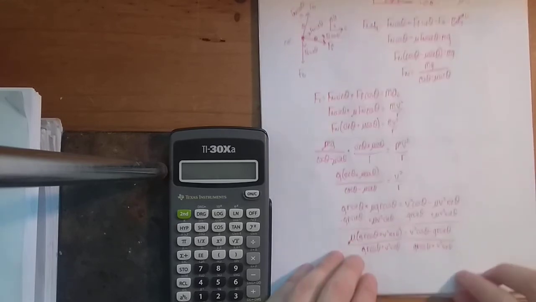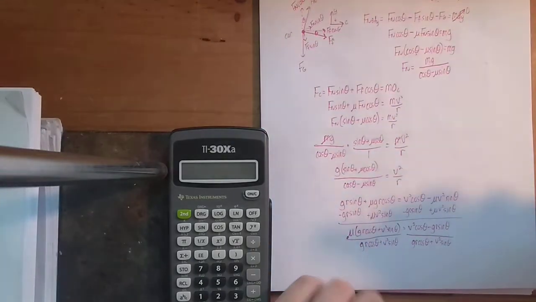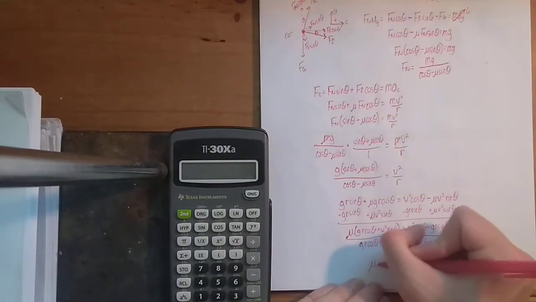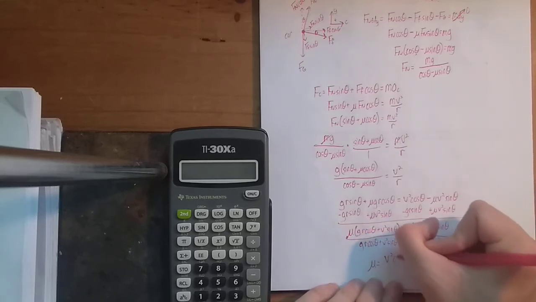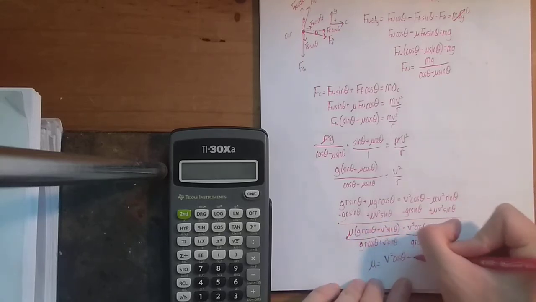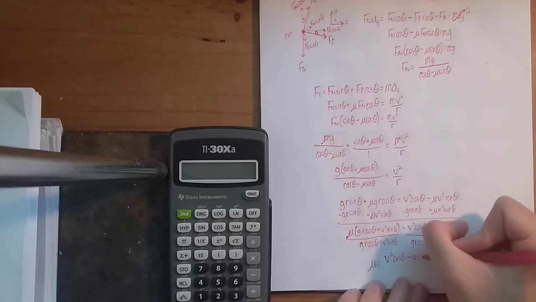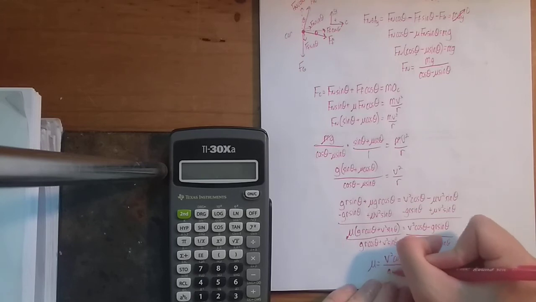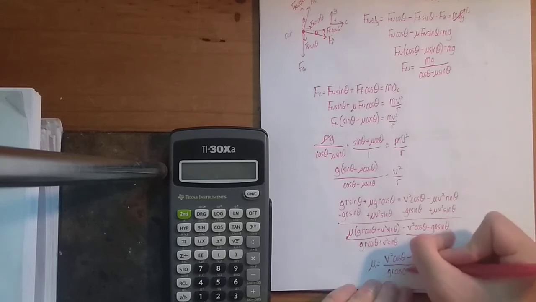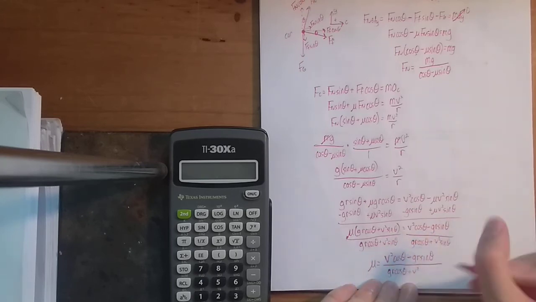And I get my final answer, make sure you guys can see this, of mu equals v squared cosine of theta minus gr sine theta all over gr cos theta plus v squared sine theta.